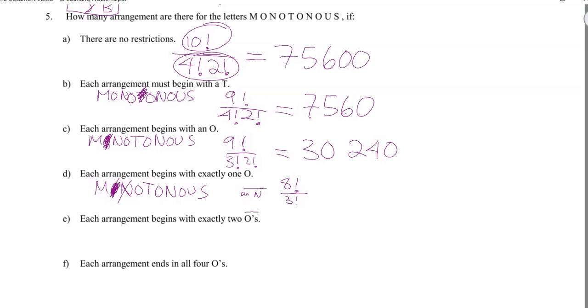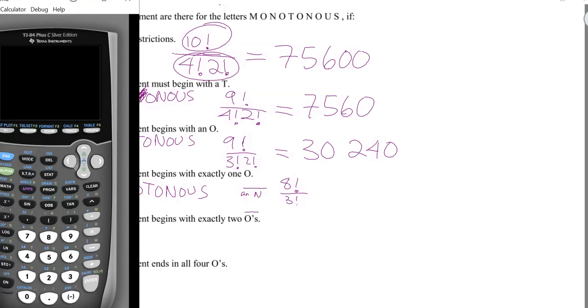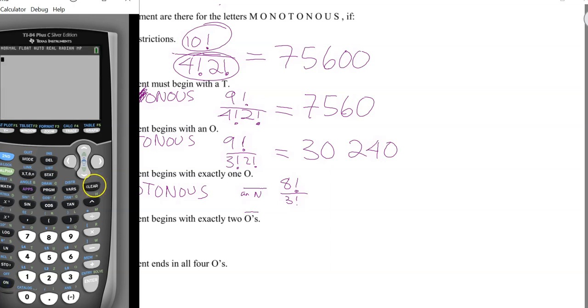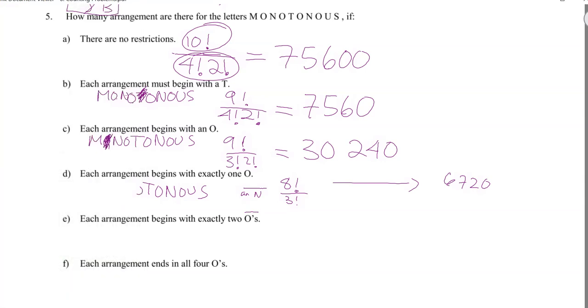So 8 factorial divided by 3 factorial is 6,720. That's that case. Now, what if it's not an N? Let's just put that back.